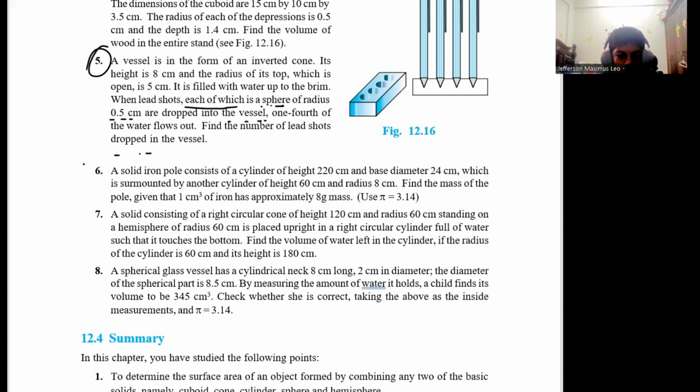Just measure how much water came out. That is the volume of the object inside the vessel. That is a concept in science. We have to apply that here. How can we apply it? Please tell.